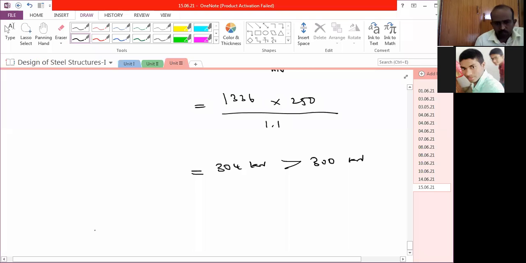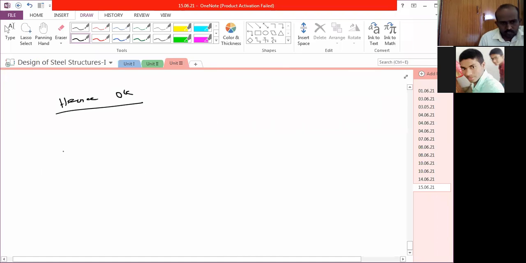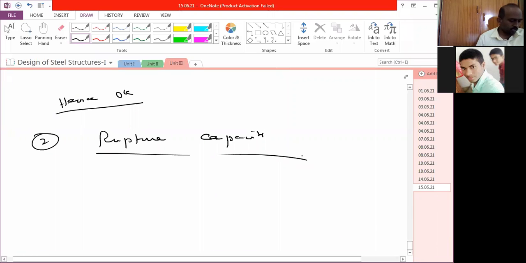Okay. You can put a comment of hence safe. Then we can go for rupture capacity. Second one is rupture capacity. How to calculate the rupture capacity for the angle section? You come to page number 33. For angle section, you have to calculate the rupture capacity.